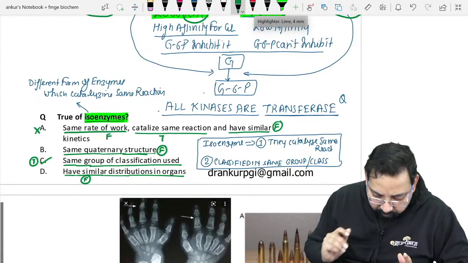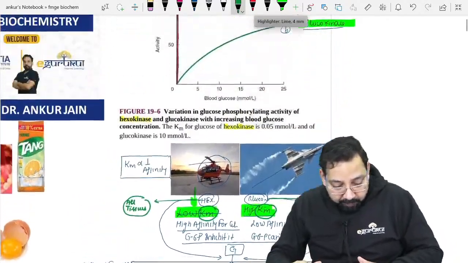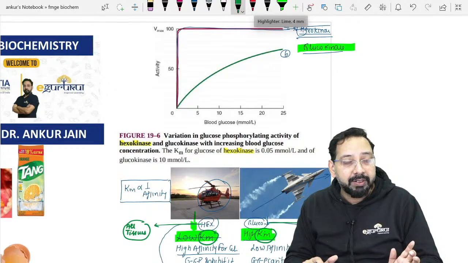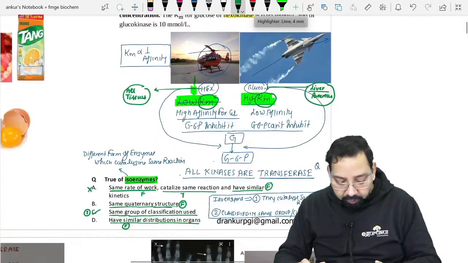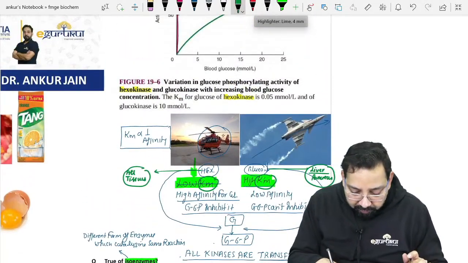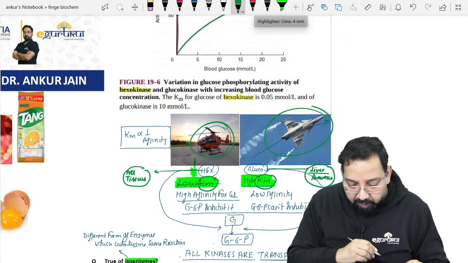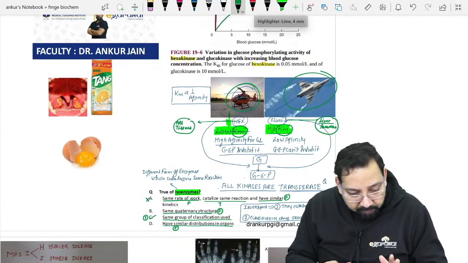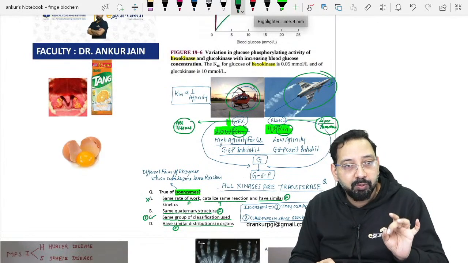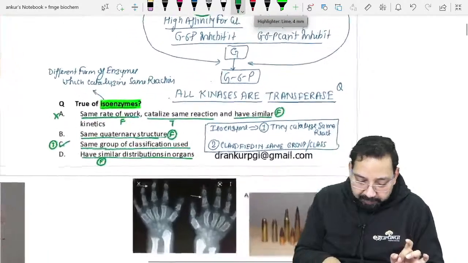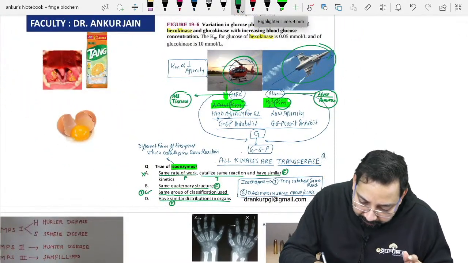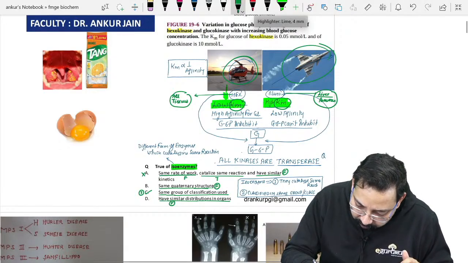So this is false. We try to understand by taking hexokinase as helicopter and glucokinase as jet, and when you solve questions many times you will use the same picture mnemonic and find the correct answer every time. Here I have touched a topic of enzymes, the frequently asked question on isoenzyme.